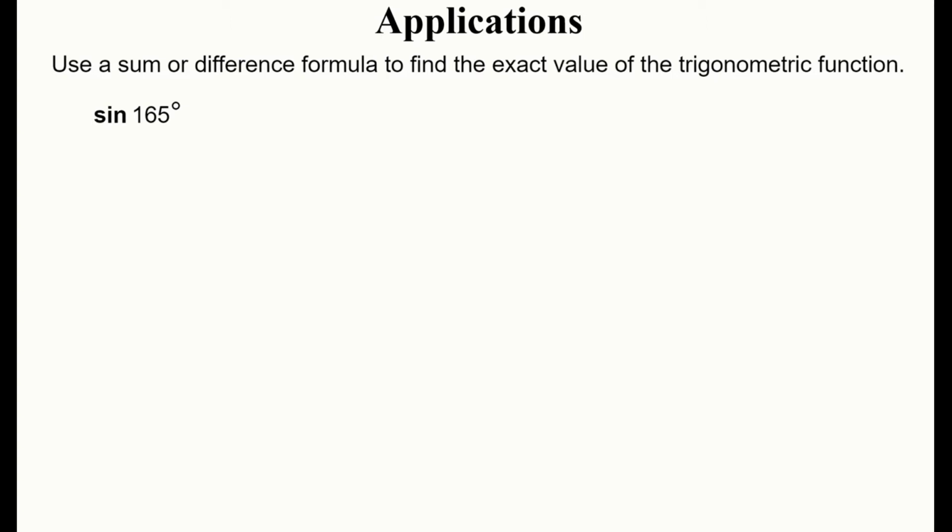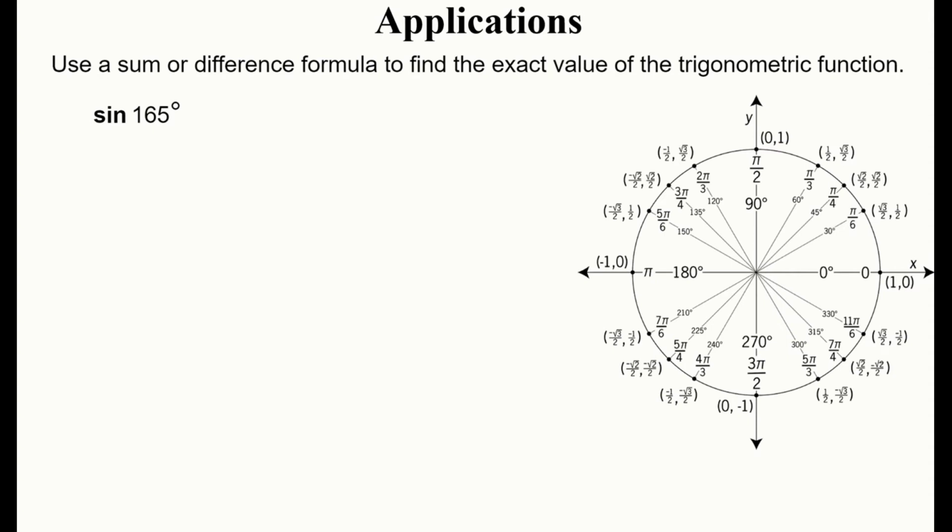And if we bring up the unit circle, let me bring that up for you. Okay, so here we have the unit circle, and think about a couple of values on the unit circle that you can use to rewrite 165 degrees as a sum, so that those values are easy to obtain.